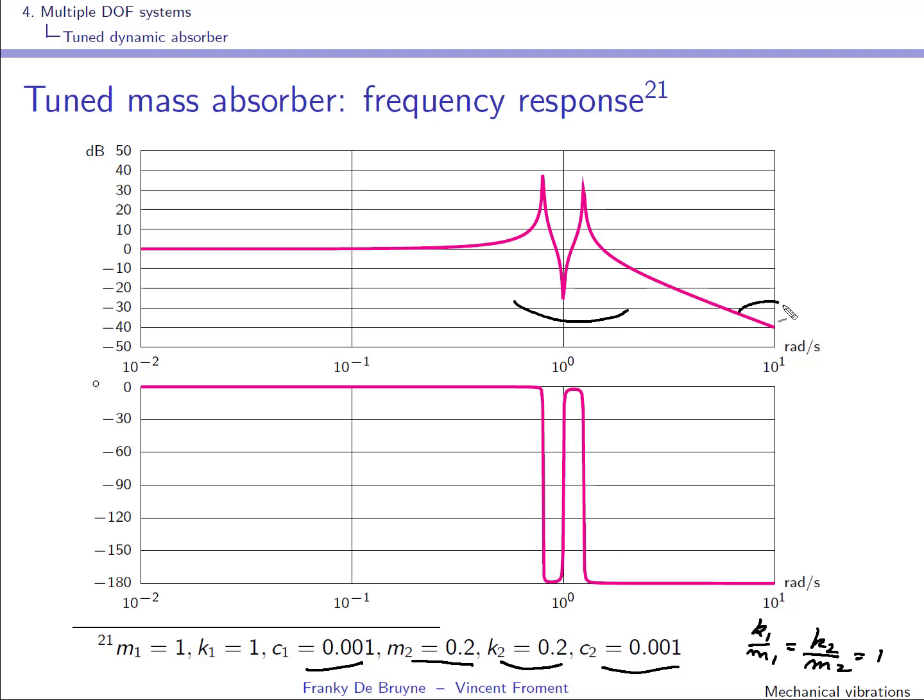This is now the response of a 2 degree of freedom mass spring system. You have two resonance frequencies of course, because there are 2 degrees of freedom. This is something that we have seen earlier, but at the resonance frequency of the original spring mass system, you have what is called an anti-resonance.